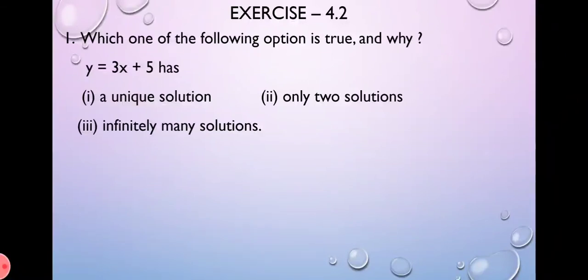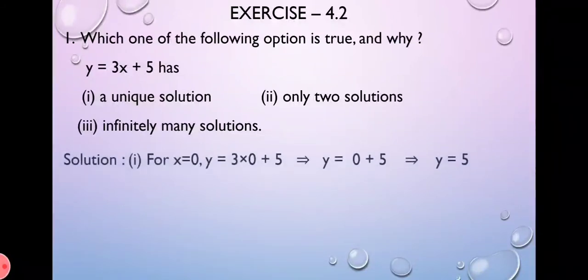Already we have learned that a linear equation in two variables has infinitely many solutions. So the option will be infinitely many solutions, but it has been asked that we show the reason for that. Let's see the solution.